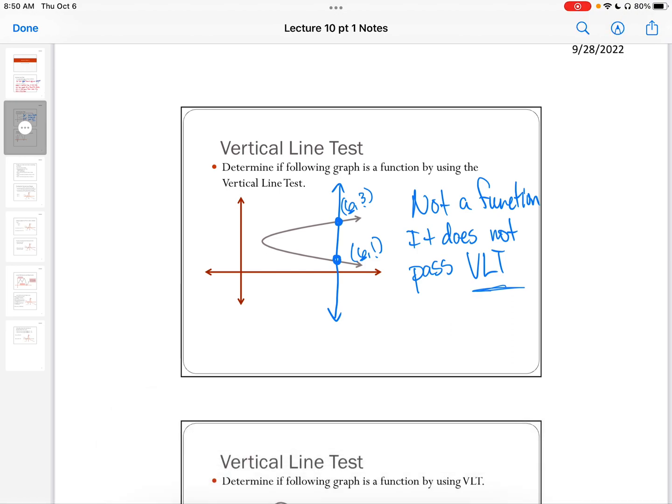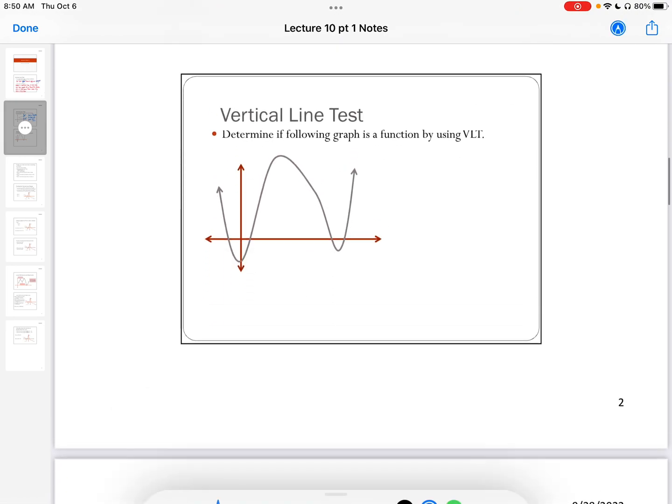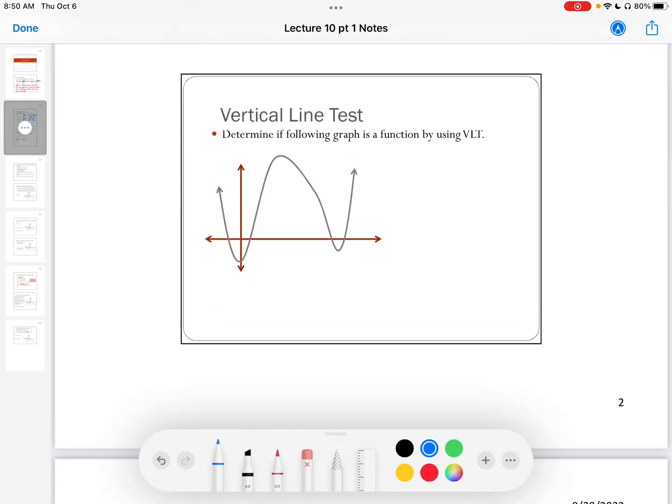Okay, let's look at a different one here. Okay, vertical line test again. If I draw my vertical line, it hits at one point. Let's just check, make sure it doesn't hit. Is there anywhere where we're worried about it hitting more than one? All of these vertical lines that I draw, it only hits at one point.